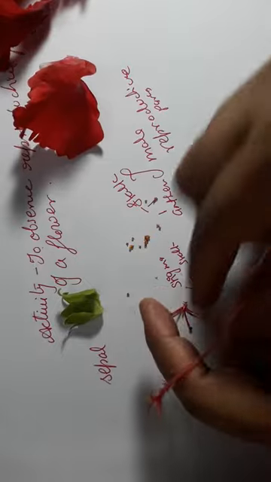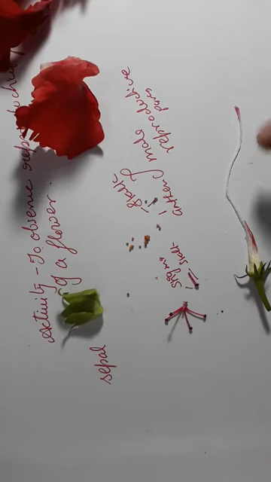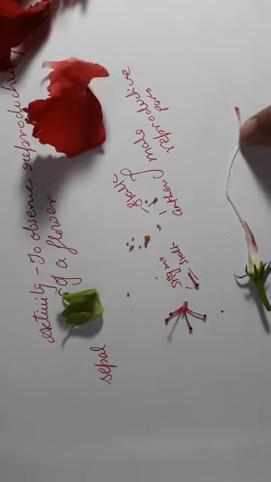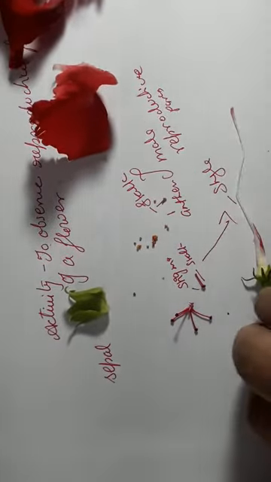This style is sticky because it has to keep the pollen moist and provide nourishment too. So this long filament structure is your style, which is the female reproductive part.